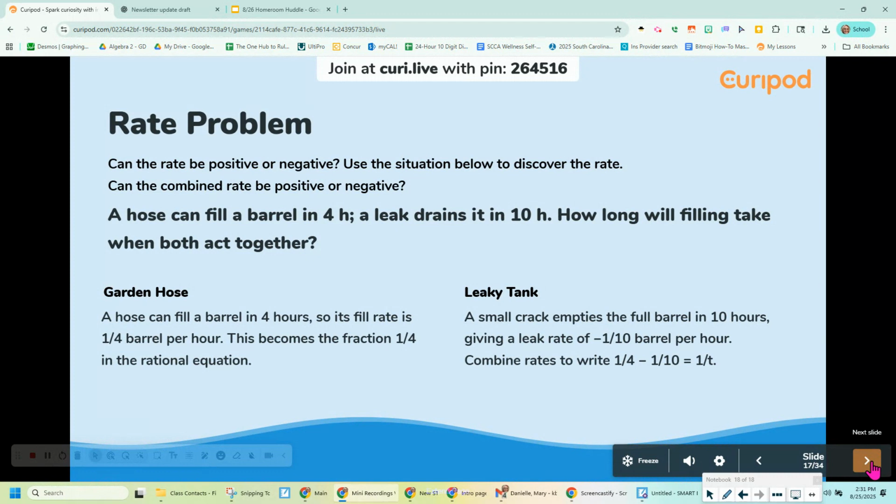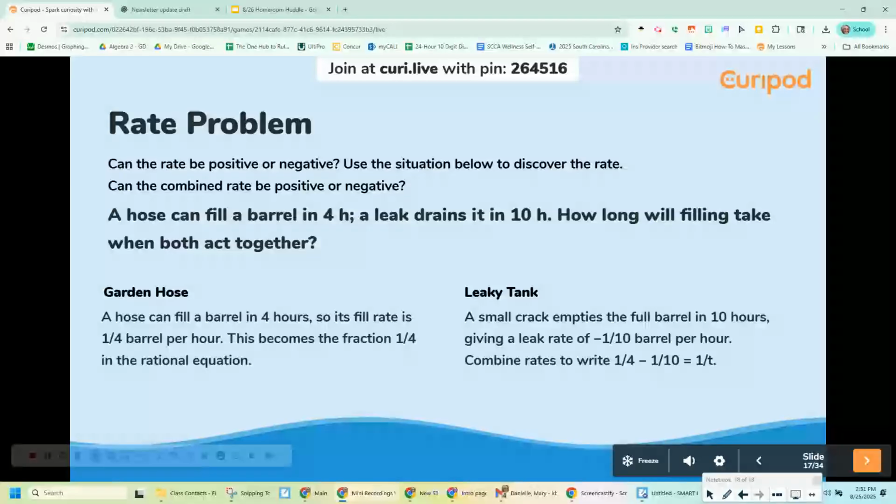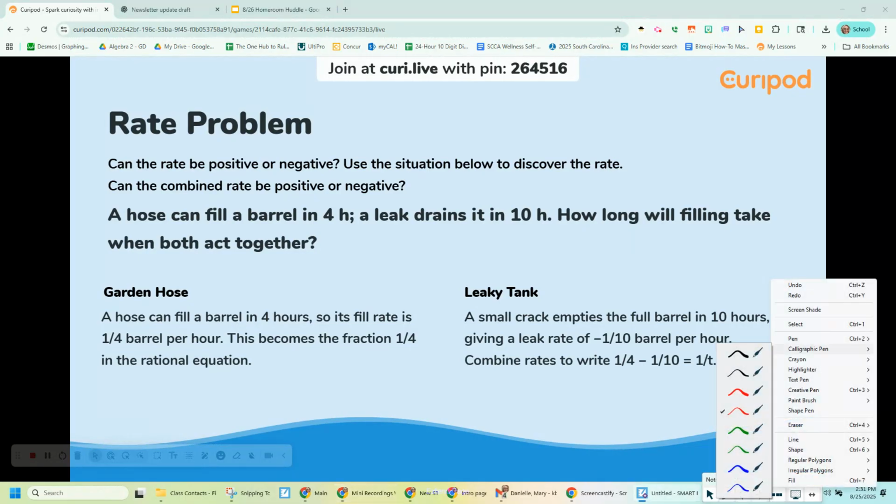But let's see what my answer is if I combine it. So the combined rates are 1/4 minus 1/10 equals 1 over t, t representing the time, because I want to know how long filling is going to take when I combine both of those rates.